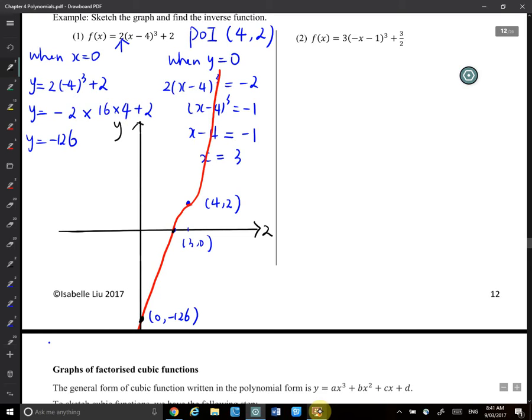Just make sure you show the point of inflection and make it look like a point of inflection.